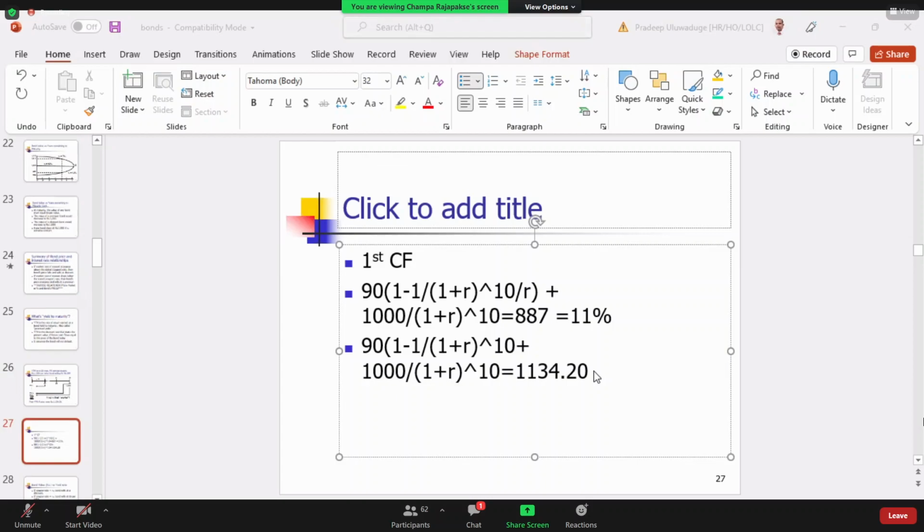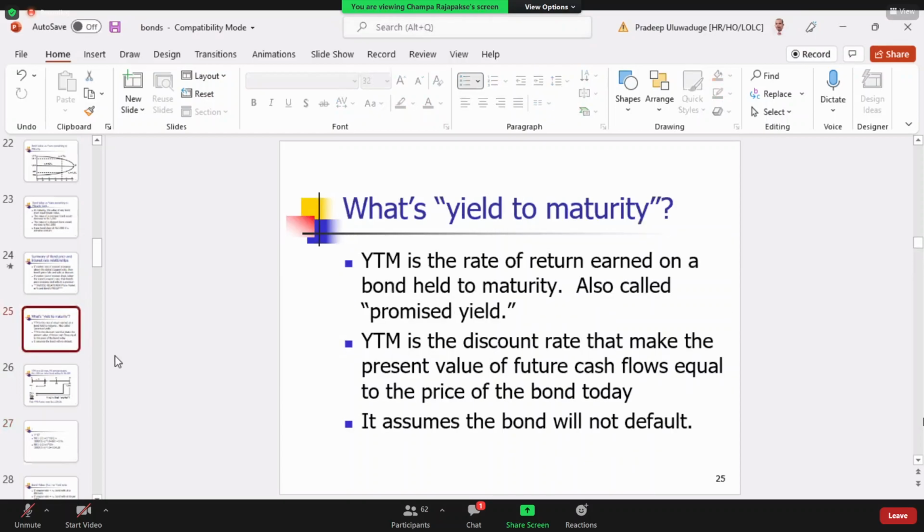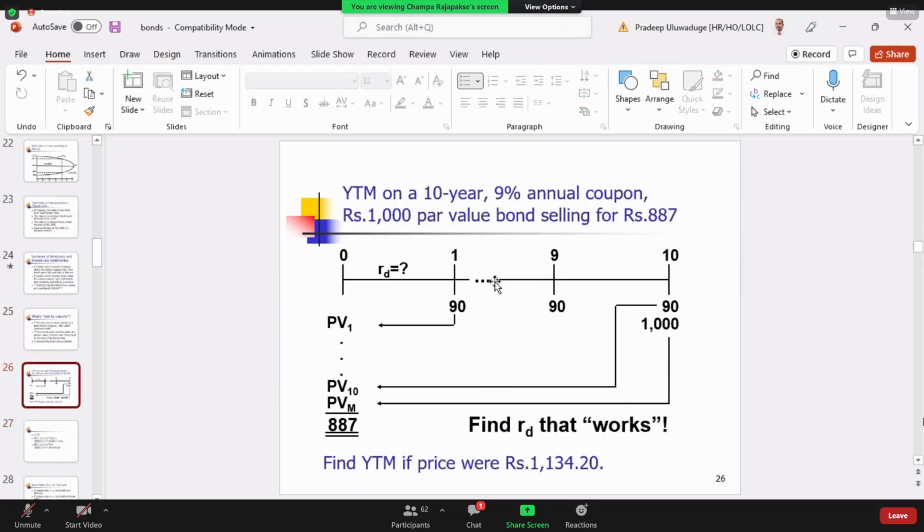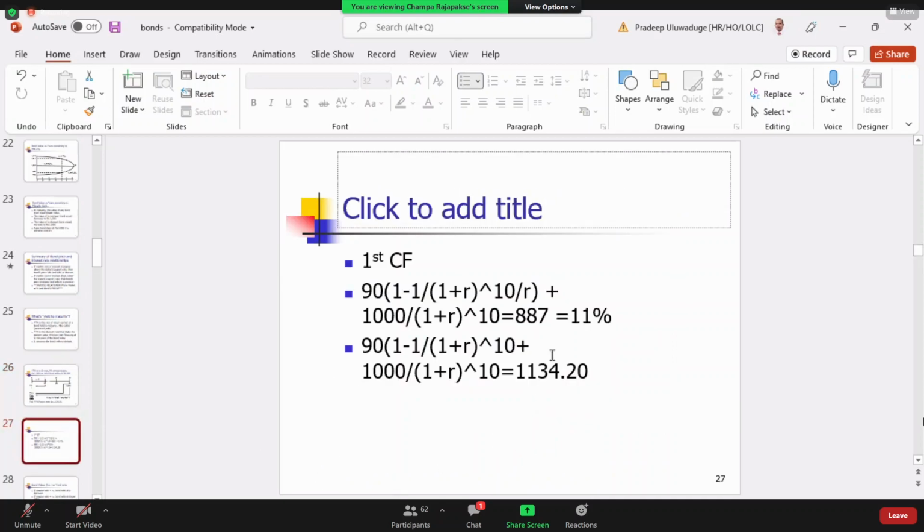So if you are making the first guess, you can say it has to be less than 11%. Now, if it is 9%, it will sell at par. So it has to be greater than 9% because it is selling at a premium, and it has to be less than 11%.